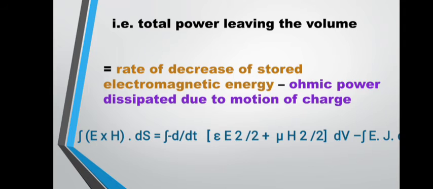That is, the total energy leaving the volume is equal to the rate of decrease of stored electromagnetic energy minus the ohmic power dissipated due to the motion of charge.